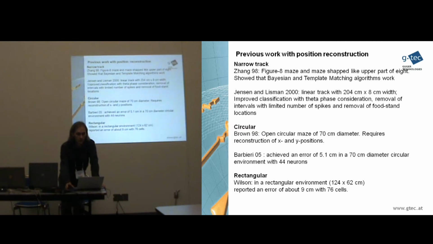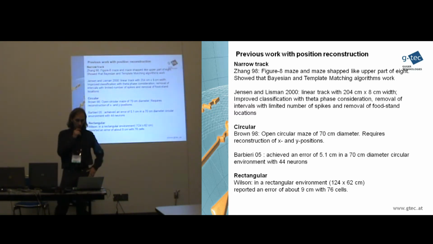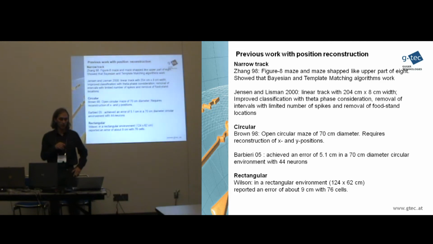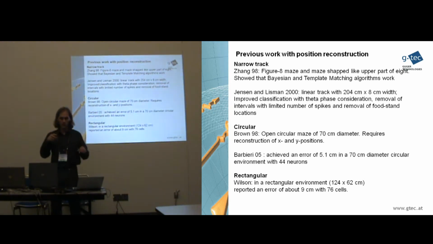And Jensen and Lisman had a linear track 2 meters in length, so the rat was running around inside this linear maze, and they improved the classification by also looking at activity, because that also influences the spiking, and they removed segments where they didn't find spikes.